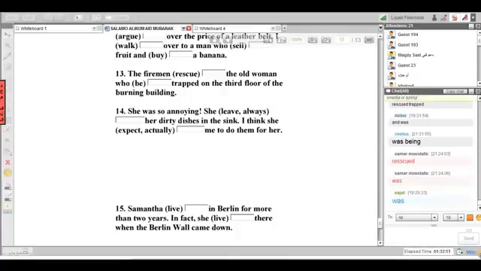Okay, actually expects. Samar Mustafa, great. She actually expected. Najat, actually expected. Yes, yes, great. This is good.